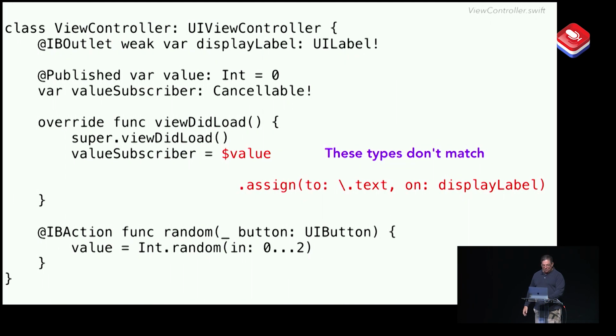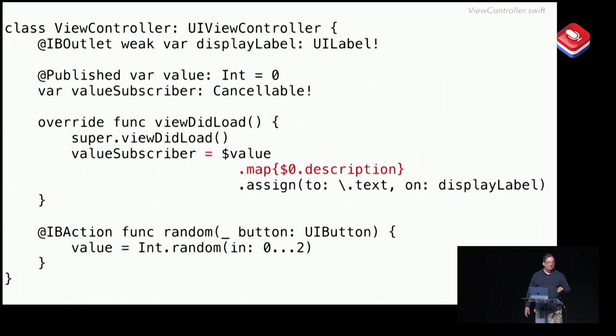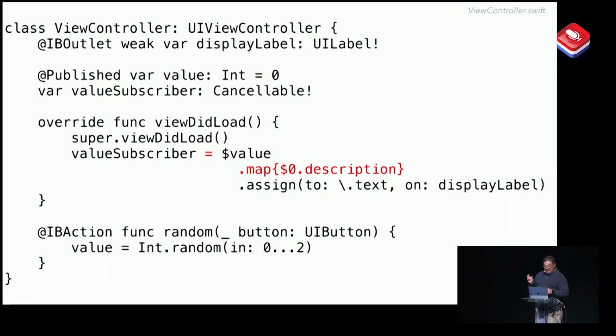And you were brought up right, so you know that's what map is for. Right? Map changes something to something else. But Daniel, map only works for arrays. Oh, if only. So what this says is take my int, return the int's description, and put that int description, the string version of the int, inside of the label's text field.